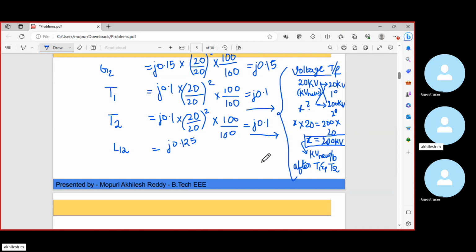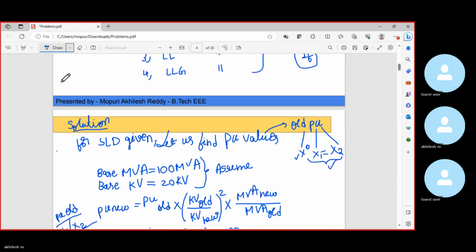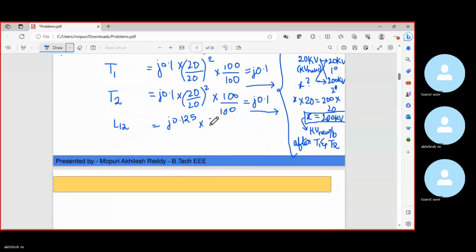Now, 0.125 into what is my base kV? What is the kV of this L12? It is 220 kV. So 220 divided by what is my new kV?